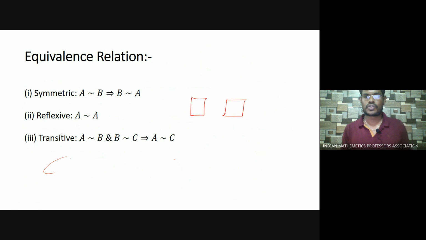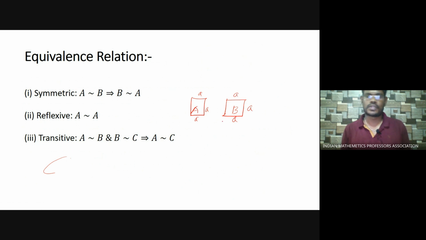We can consider this is A and this is B. Here these two squares are symmetric: the same area, the same length of the sides.